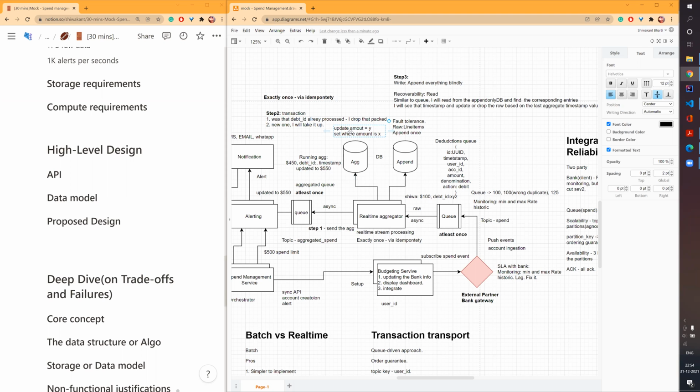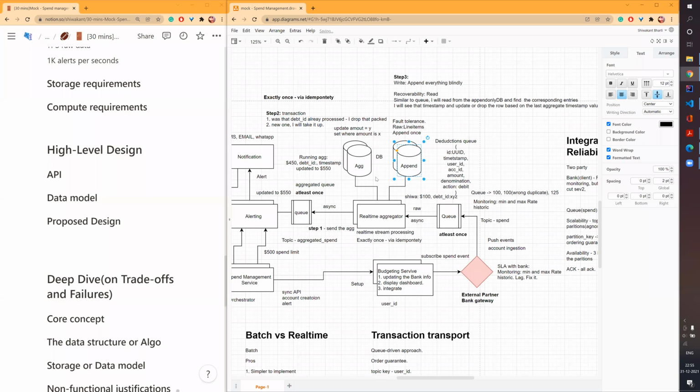For dealing with 100K requests, we can create multiple instances of the real-time aggregator and sync them. We will already have multiple instances, and this will also be sharded, so these things will be there by virtue of design.